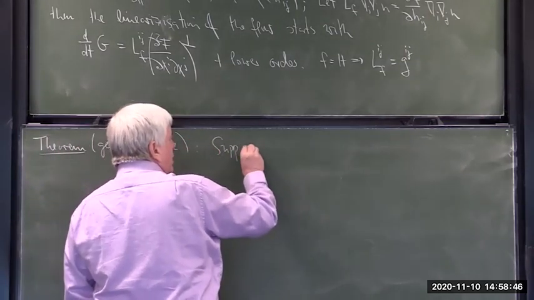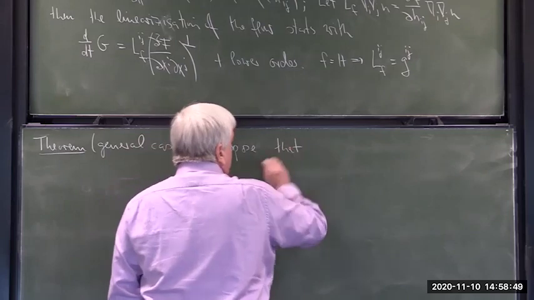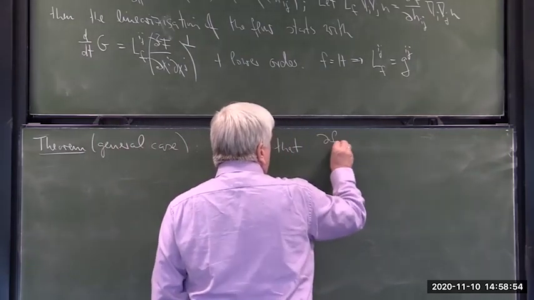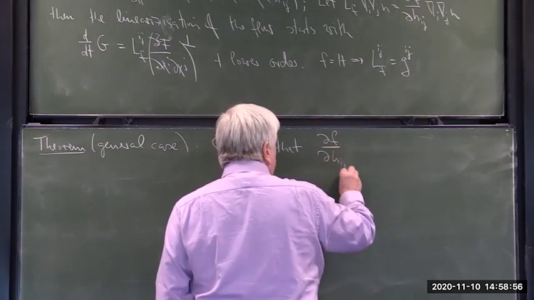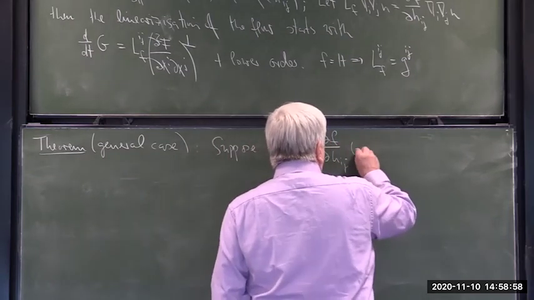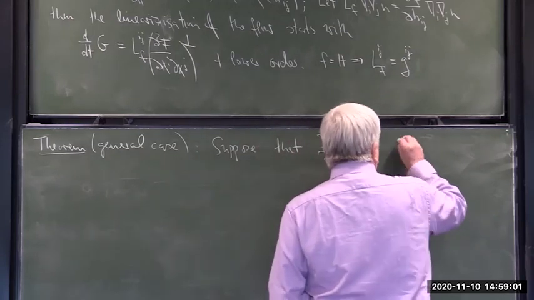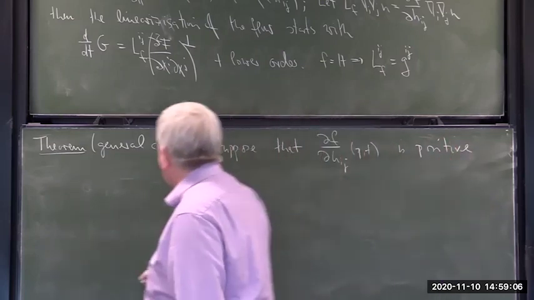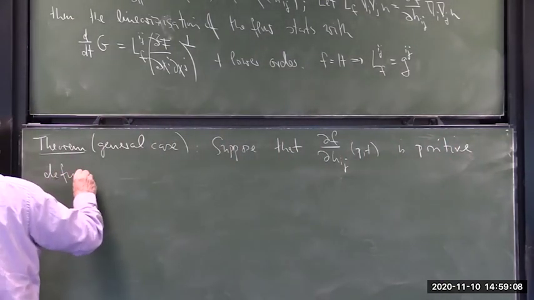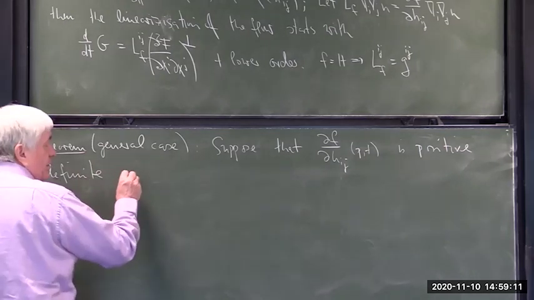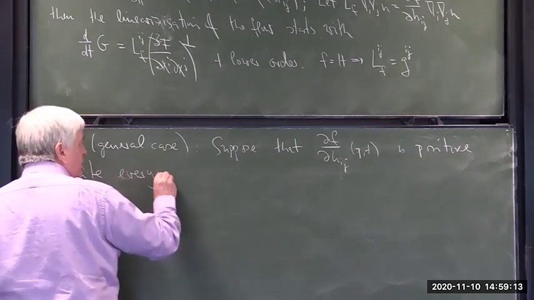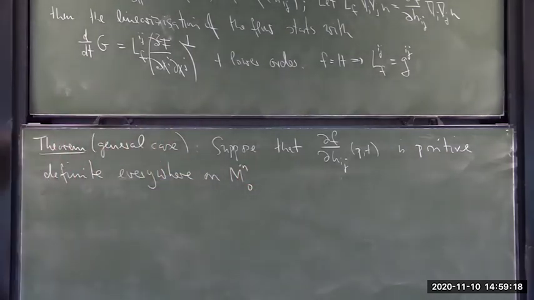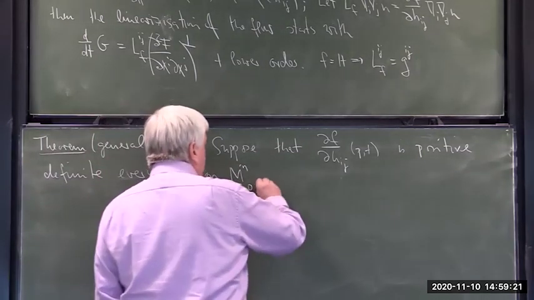Suppose that df/dHij at p, t is positive definite everywhere on the initial hypersurface, then the same conclusion holds as before.